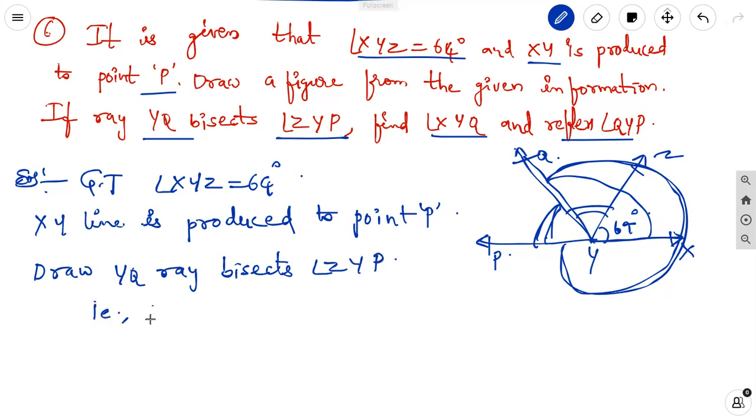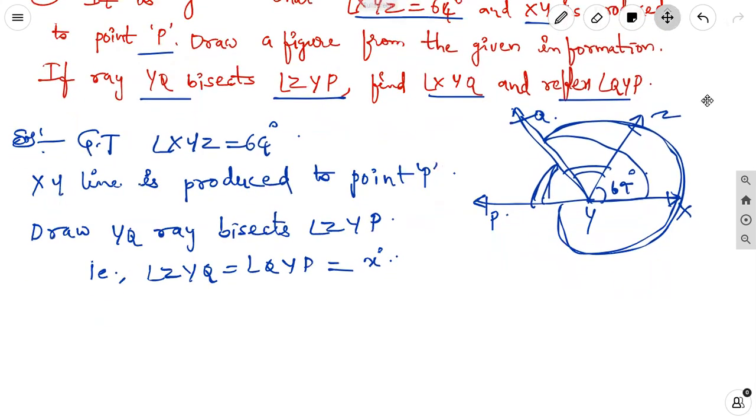That is nothing but angle ZYQ equals angle QYP. Both should be some x degrees. Here, what we can prove is XYQ and the reflex of QYP.